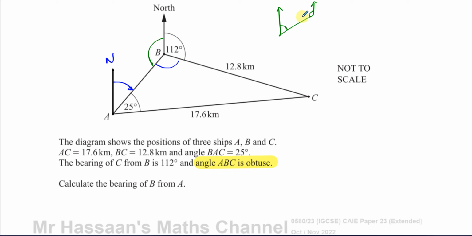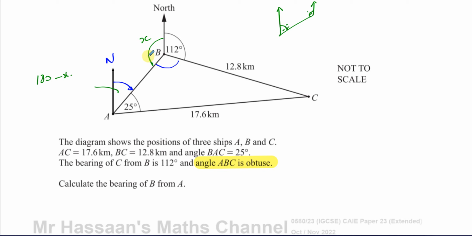They make an angle whose sum is 180, like a U or a C shape. So if I call this angle X, then this angle is going to be 180 minus X.